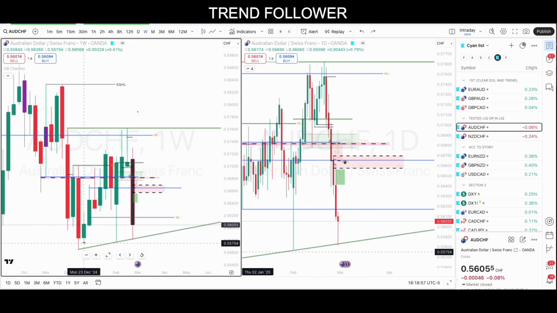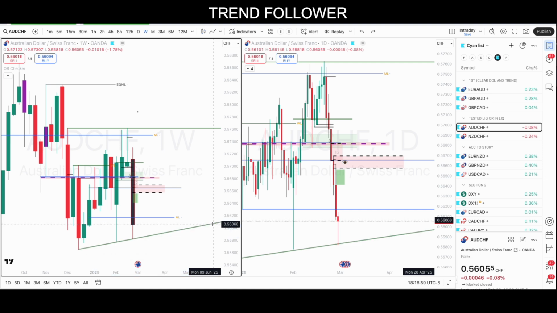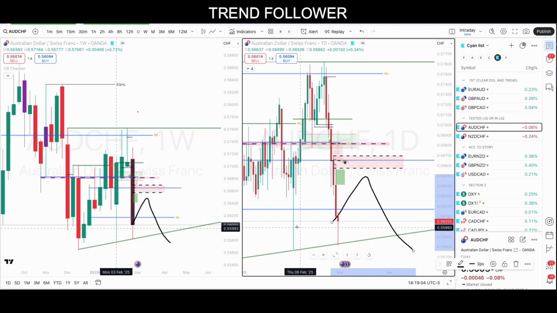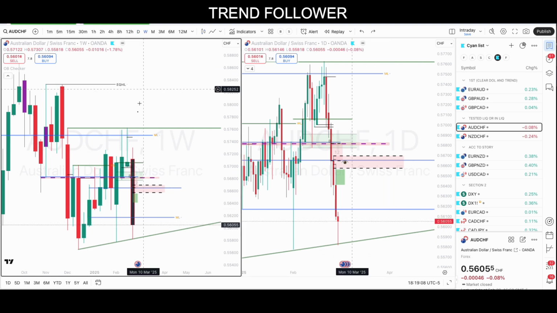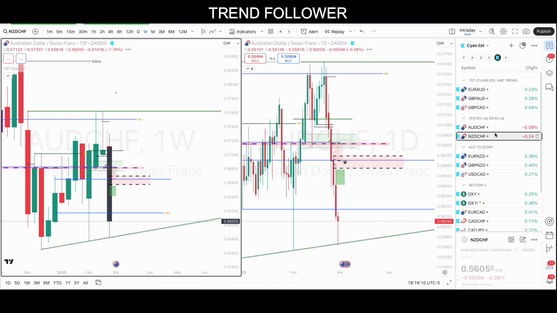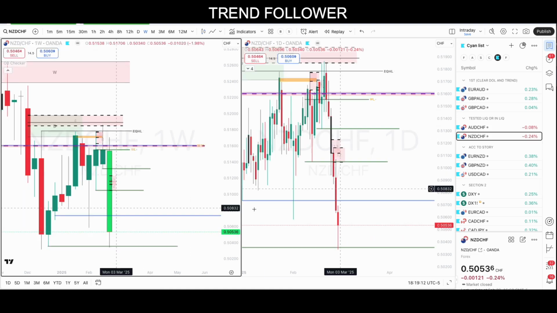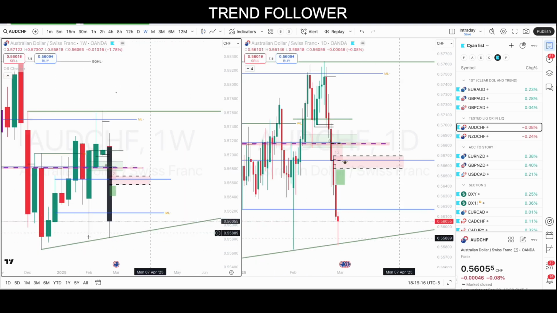And now what you have here is a trend line, a clear trend line. So I think what can happen is you do this, right? Now, with respect to AUD/CHF and NZD/CHF, again, risk off theme, both of them have some kind of drawn liquidity. If you see this, both of them are rejecting from monthly.